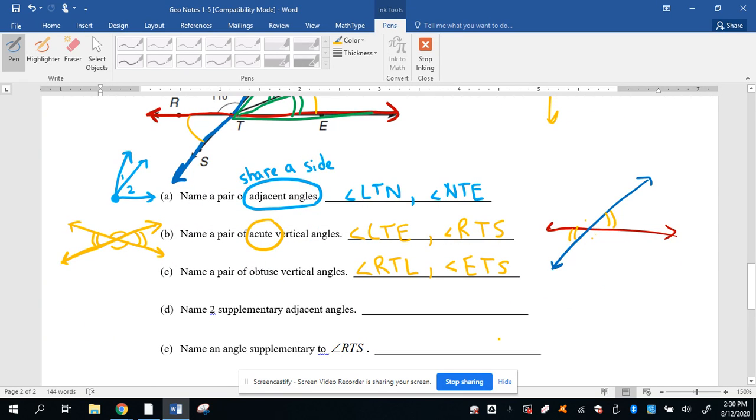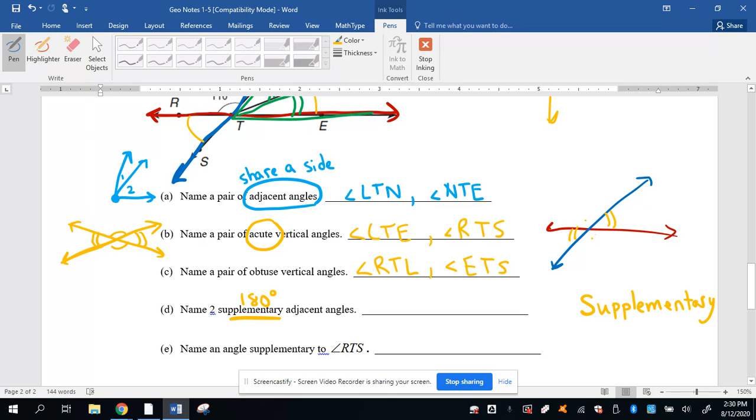Name two supplementary adjacent angles. Supplementary are two angles that add up to 180 degrees. Complementary are two angles that add up to 90 degrees. So supplementary, let me just help you with that word. Supplementary are two angles that add up to 180 degrees.